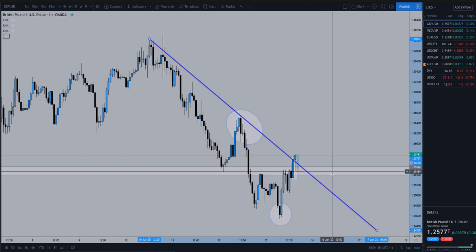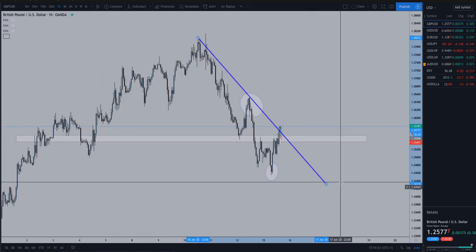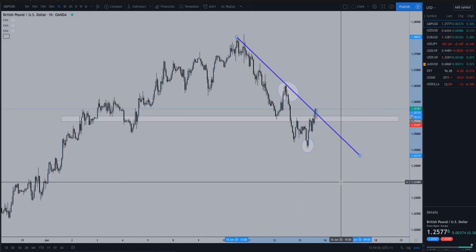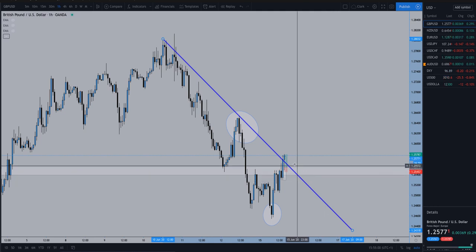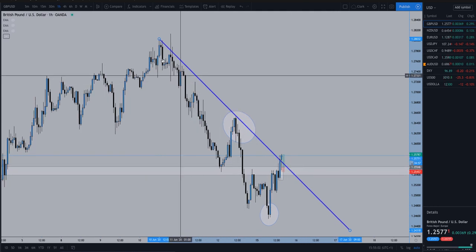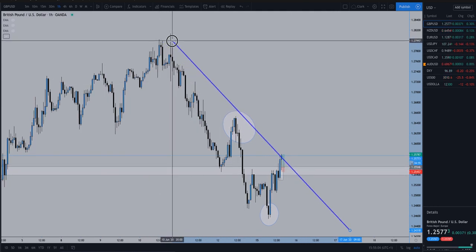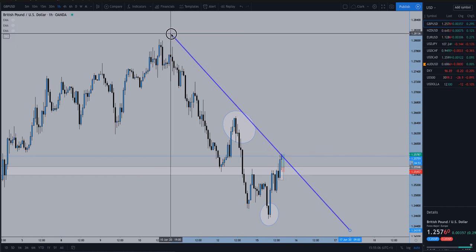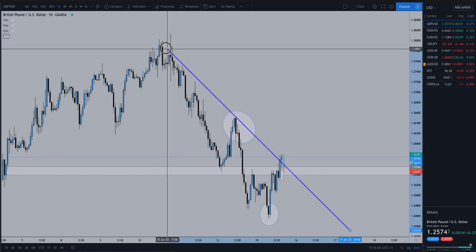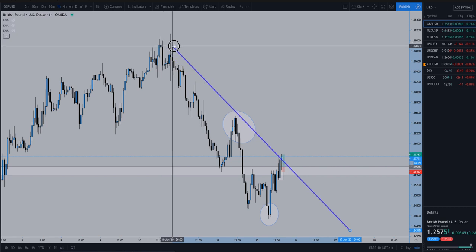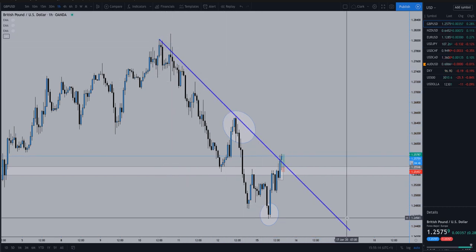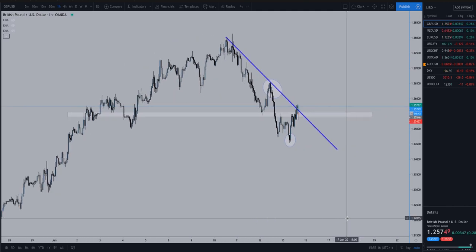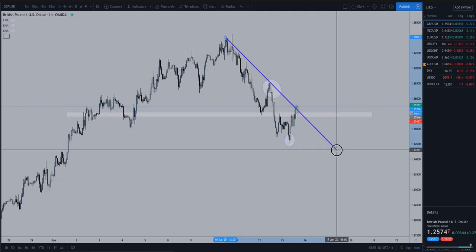So look, it's broken the trend. Now trend lines aren't everything. Some currencies respect the trend lines fantastic, but say somebody draws it from here, it's not broken. Say somebody draws it from the body, it's broken. The thing about trend lines is it's a subjective measuring tool.